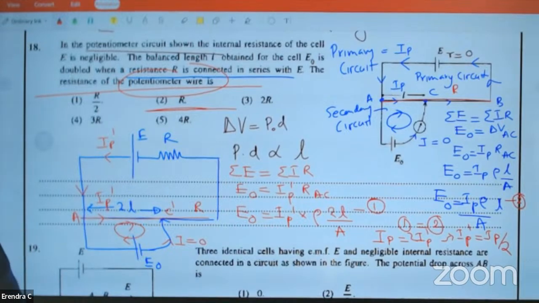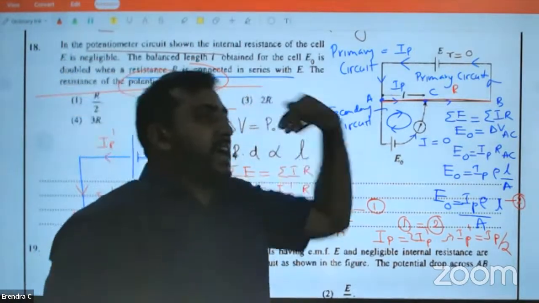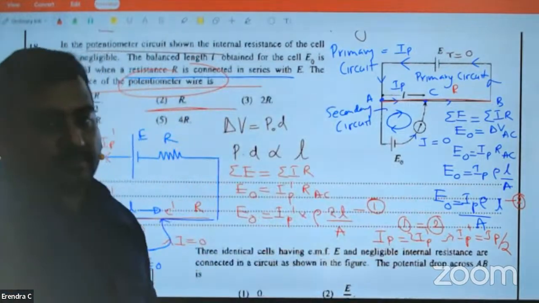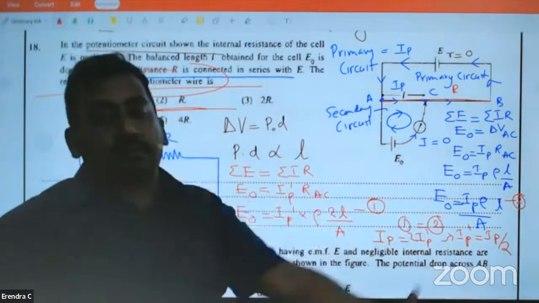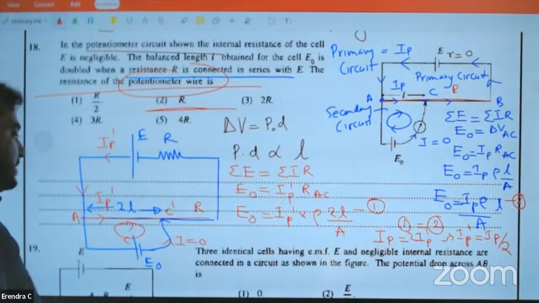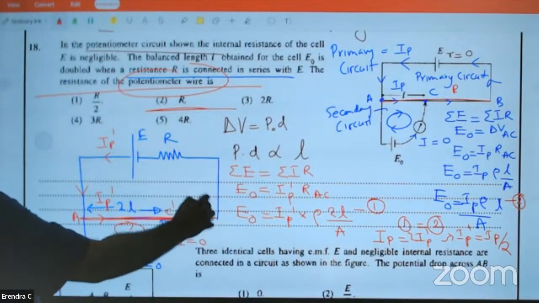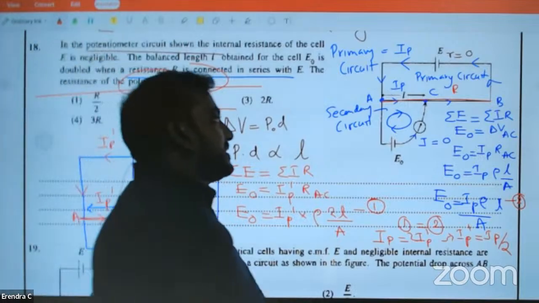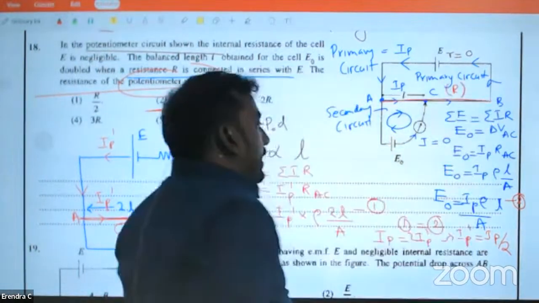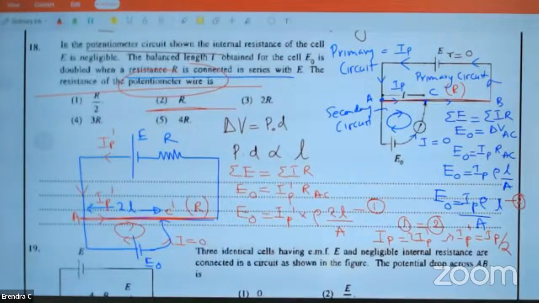Current in the primary circuit is half means resistance has doubled. This means the potentiometer wire has a resistance R.